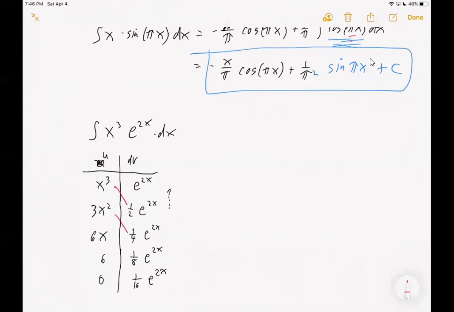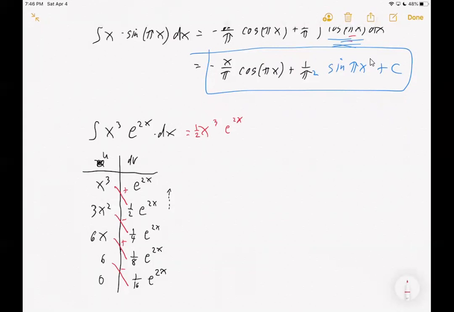So by using this table and a quick guess and check on the antiderivatives, you can get your answer much more quickly. So plus, minus on the diagonals. So this must equal x cubed with a 1/2 in front, e to the 2x.